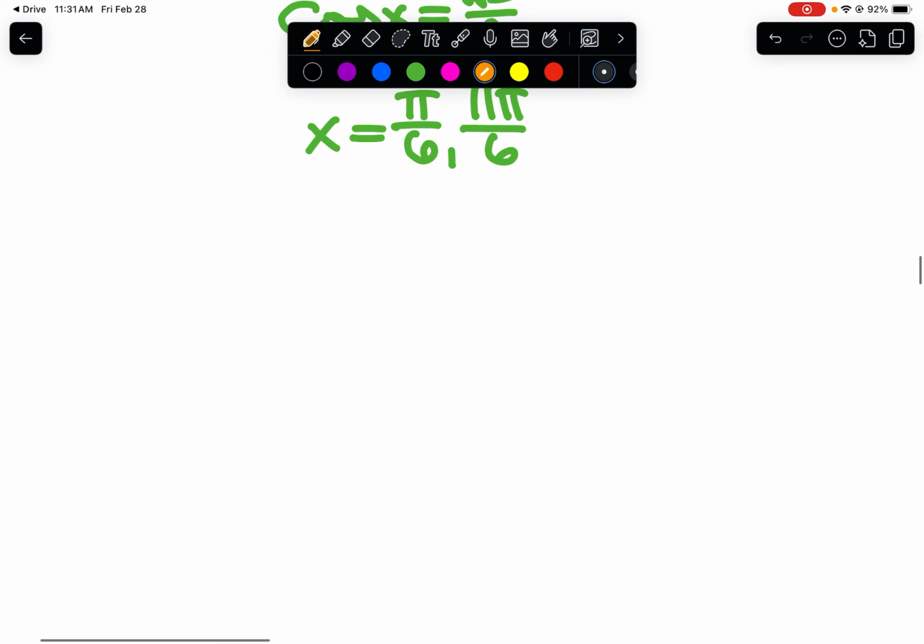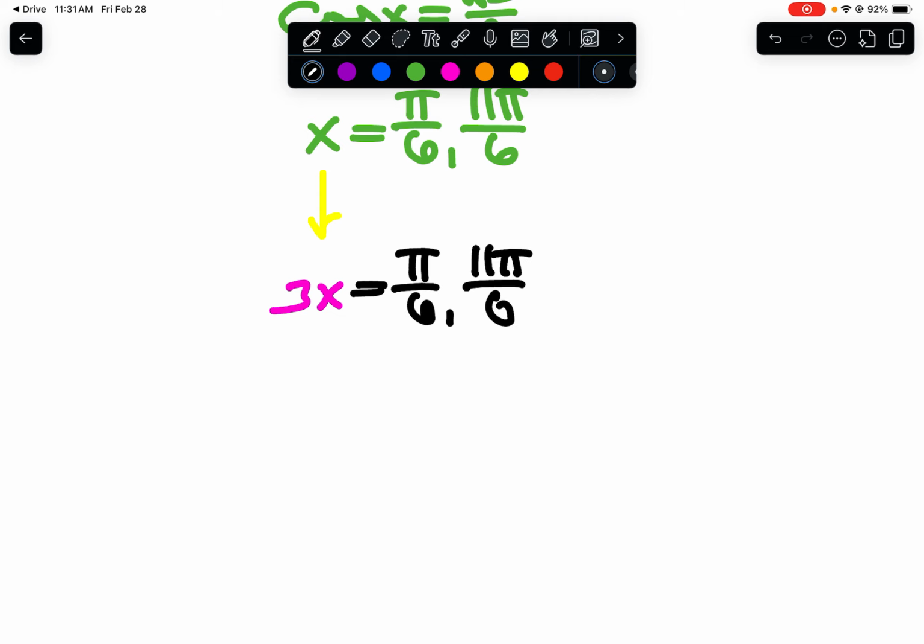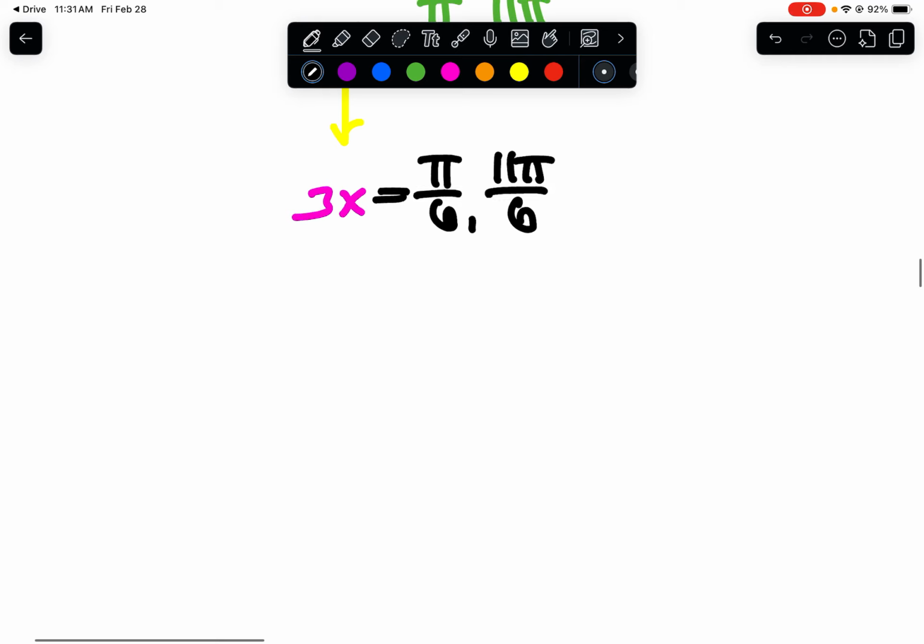Once we have this, I am going to have to plug that 3 back in, and now I want 3 times that value to equal pi over 6 and 11 pi over 6. So when I divide everything by 3, or multiply everything by a third, it's all the same.